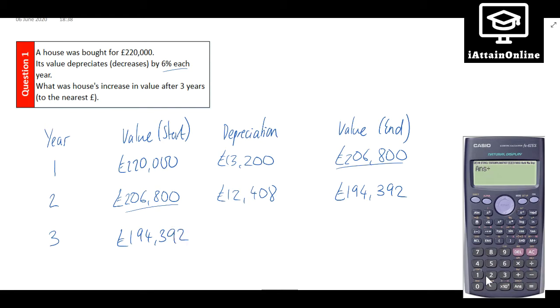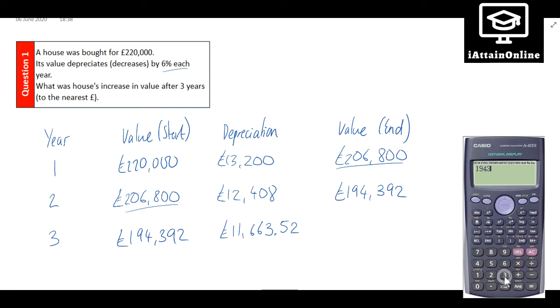So now I'm going to divide this by 100 to find 1%, times that by 6 to find 6%, which tells me that in the third year the house loses another £11,663 and 52 pence.